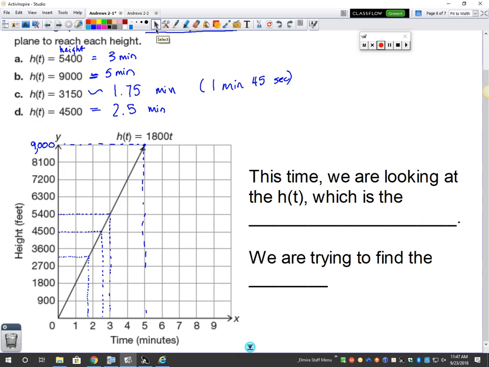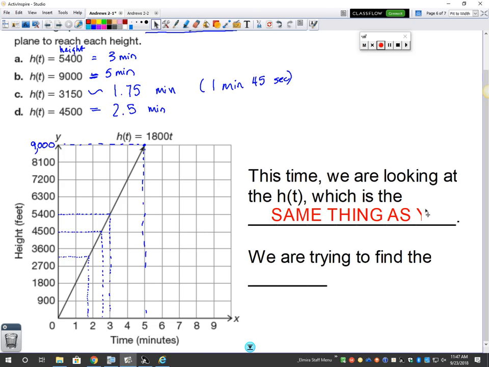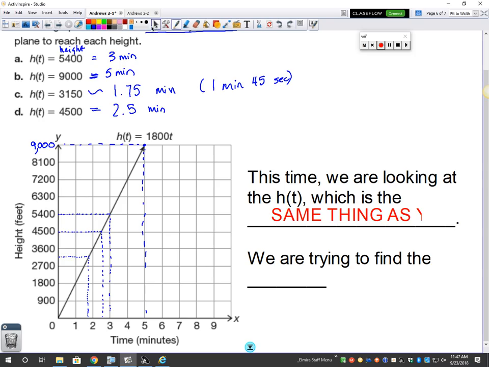Okay, so just to sum up, this time we're looking at the y-axis, and for whatever reason that y is not there, and what we are trying to find is an x value.